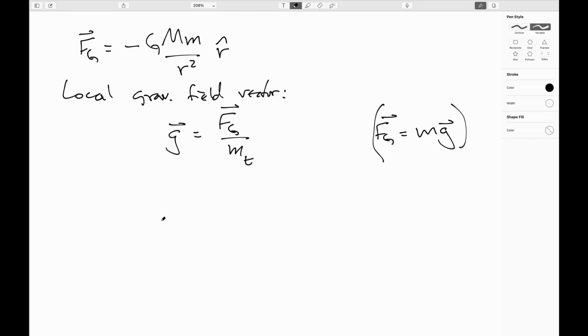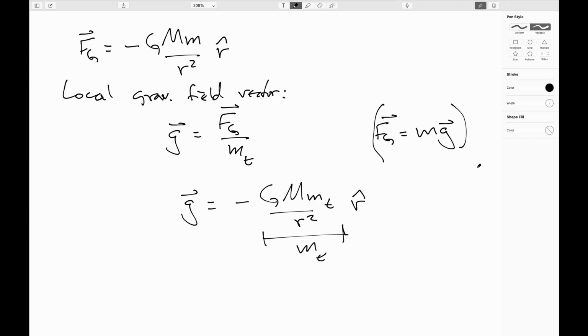Our gravitational field vector will be minus G big M little m over m test over r squared, r hat. And then I will divide out the test mass. Cancel, cancel.